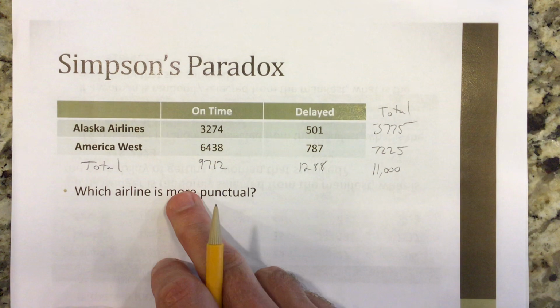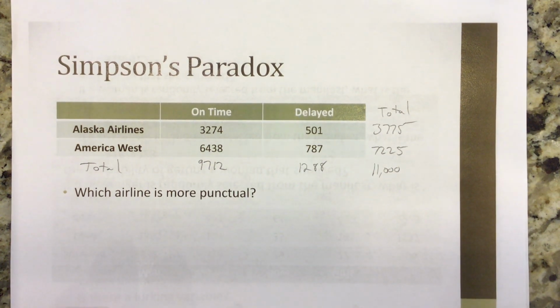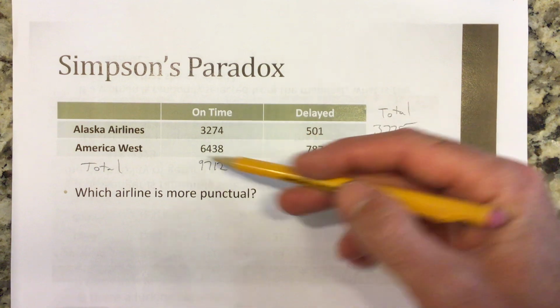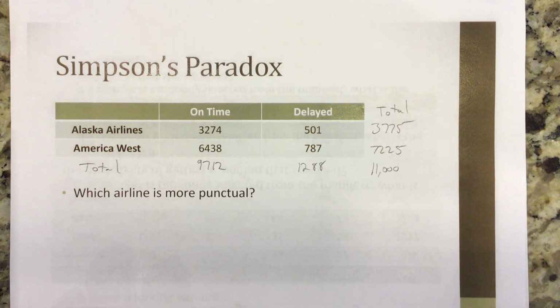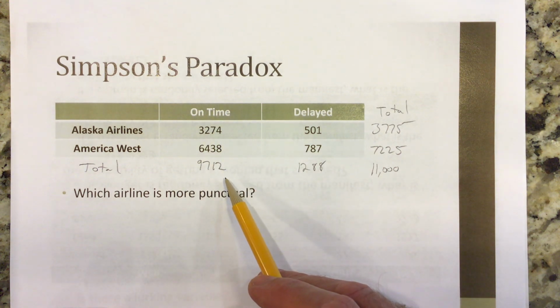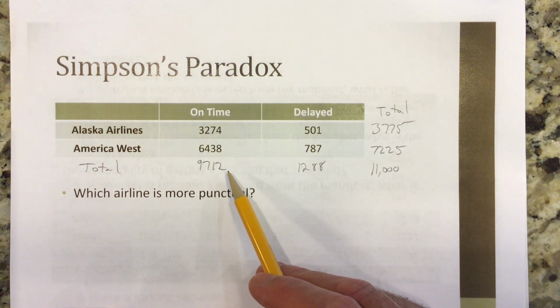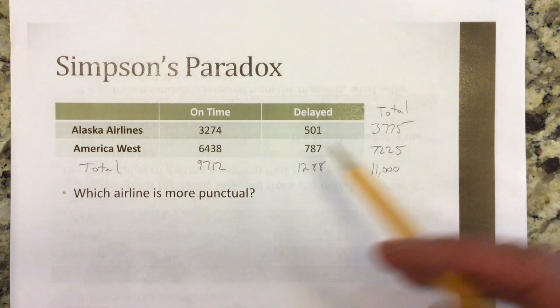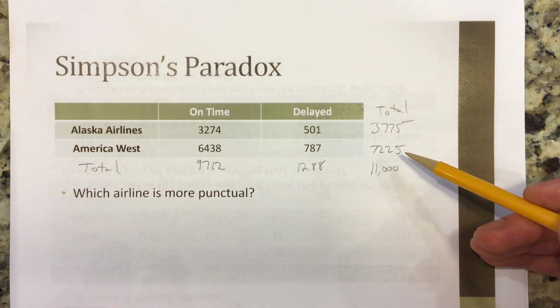All right, so how do I answer this question, which airline is more punctual? Should I divide by column or by row? Right? Notice if I divide by column, I'm saying of the on-time flights, right? Which of these airlines has a larger proportion? But notice America West has so many more flights that that's not a fair comparison, right?